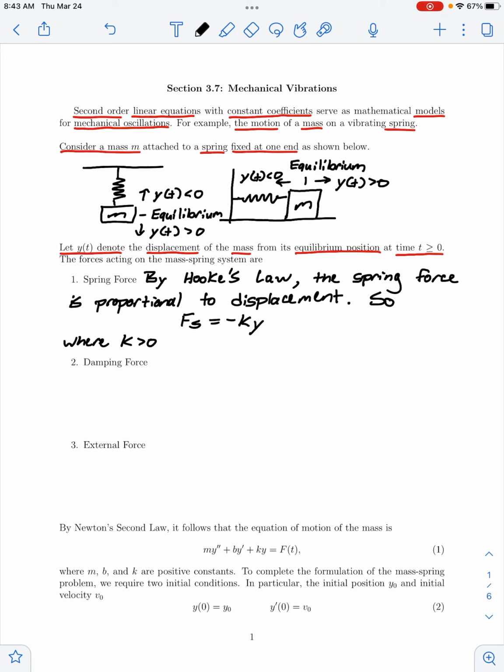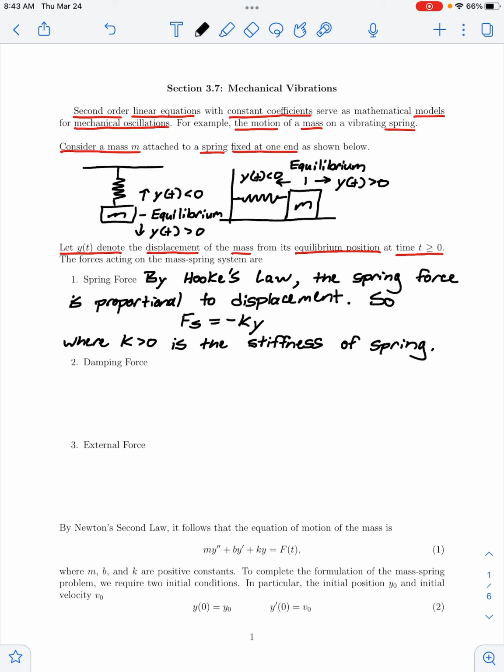And this constant of proportionality k is called the stiffness of the spring. Now, the next type of force that we'll consider for this system would be a damping force. So in almost any realistic mechanical system, we have some sort of friction or damping present, say due to air resistance.